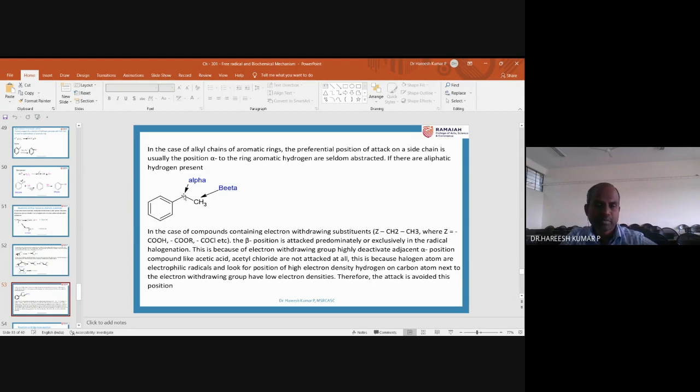Suppose there is a substituent, the substituent may be an electron withdrawing group attached to the alpha position. In such cases, free radical is formed at the beta position. That's what you need to take from this slide. So with this, I will go to the next slide.